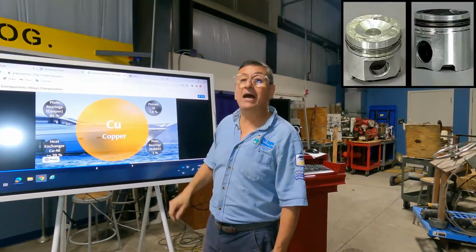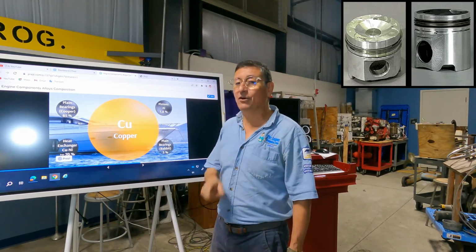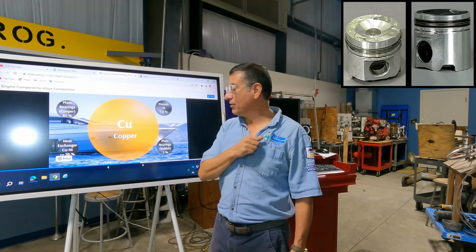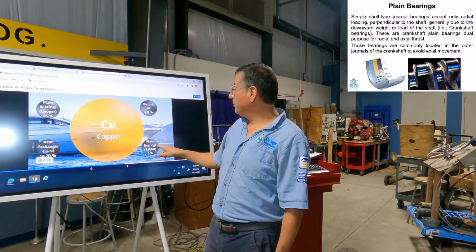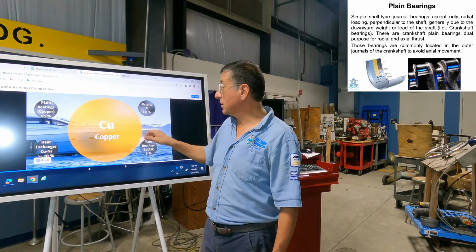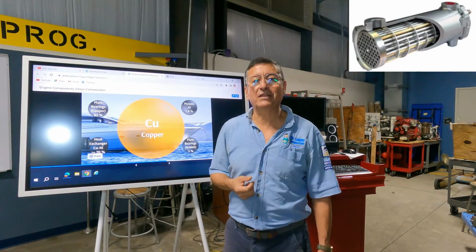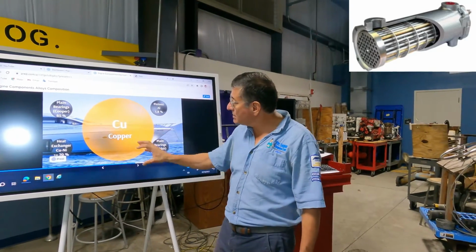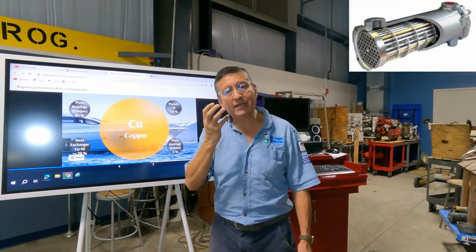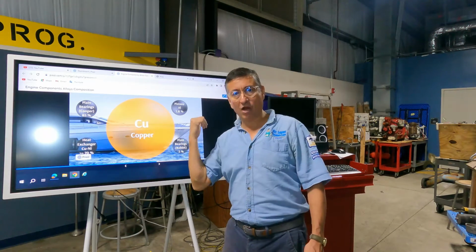Or the aluminum pistons, 1.8% is copper if the pistons are in aluminum. If the plain bearings are babbitted, 5% is copper. Or if it's the heat exchanger, more than 70% is copper. Those components could be affected if you have a high level of copper in the report.